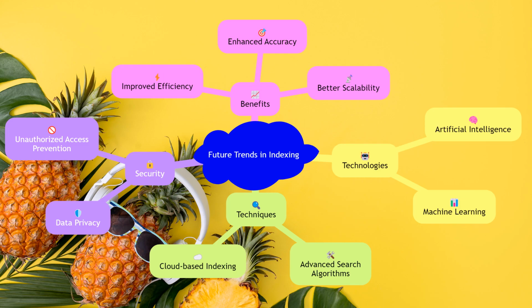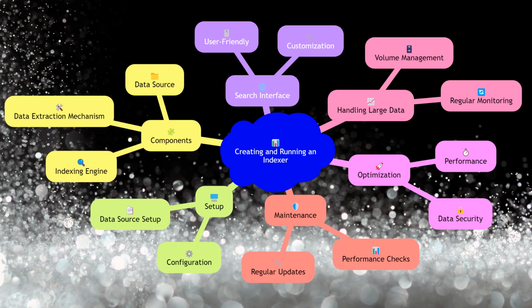Creating and running an indexer is a complex but essential task for managing and searching through large volumes of data. By understanding the components of an indexer, setting up the data source, configuring the data extraction mechanism and indexing engine, creating a user-friendly search interface, and optimizing performance, you can create an efficient and effective indexer.